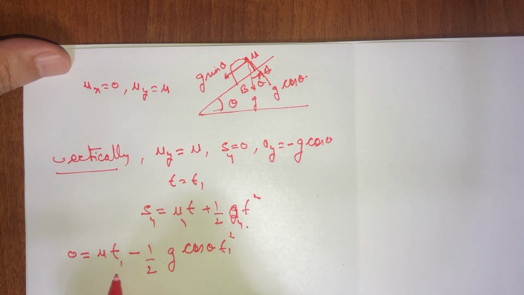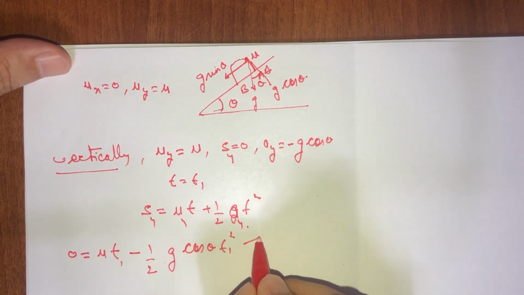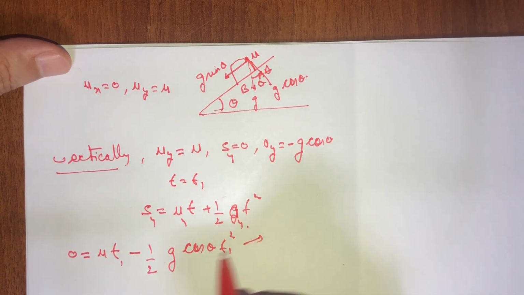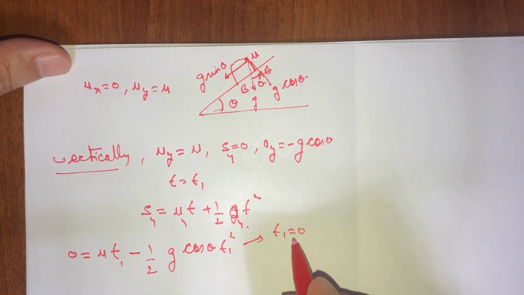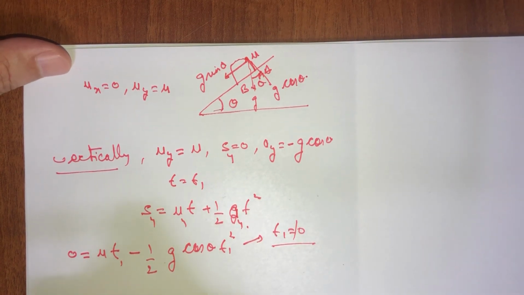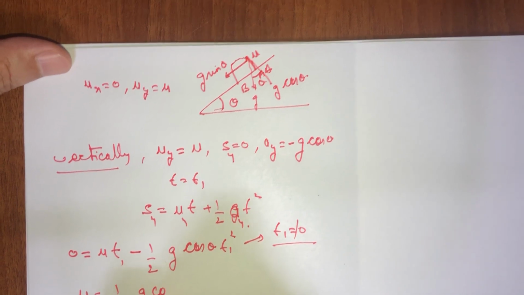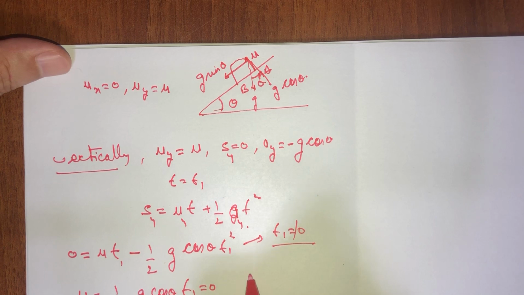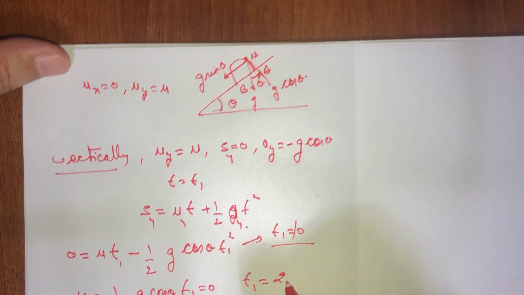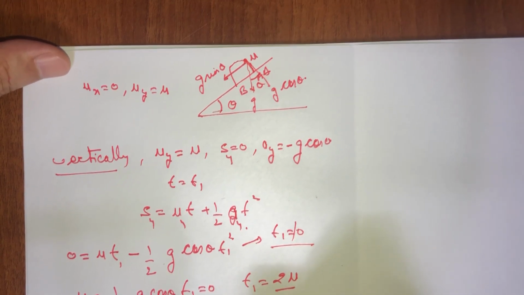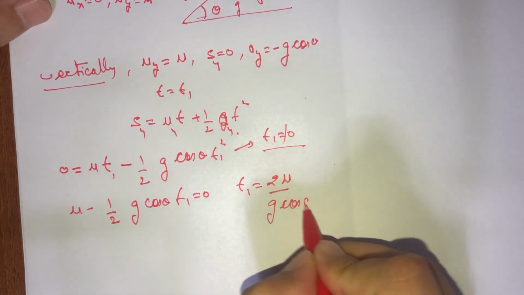From this we are going to get two values. If we take t1 common from both, we get either t1 is equal to 0, which is not possible, or the second condition: u minus 1 by 2 g cos theta multiplied by t1 is equal to 0. From here we can find t1, which will be equal to 2u divided by g cos theta.